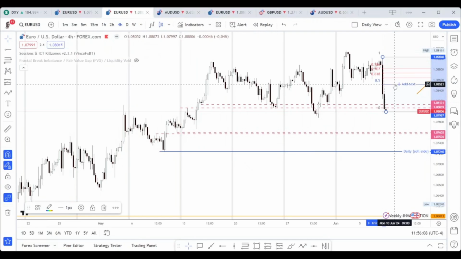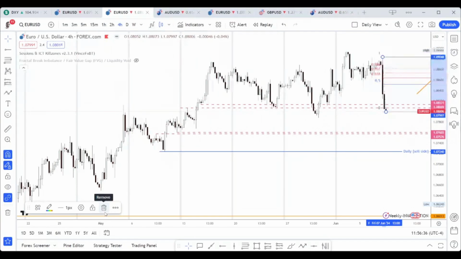If I find price there on Monday, I'll probably take a trade with my stop loss over there, and then my targets down there. So what I'm thinking right now is to just see how the Asian range plays out, and probably engage myself in Monday's London, or most probably in the New York session.